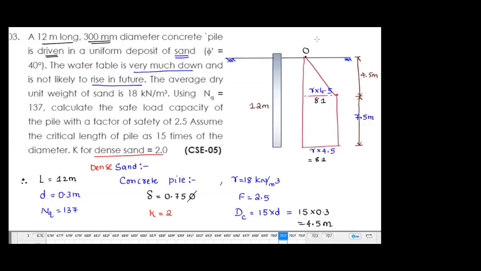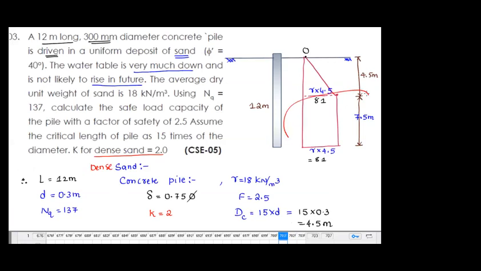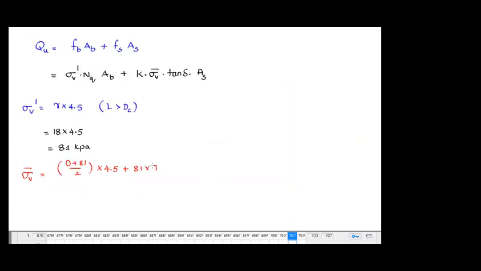As it's linear, I can directly say half: top plus bottom by 2, 81 by 2. So 0 plus 81 by 2 into 4.5, plus in the remaining 7.5 it's uniform, 81 into 7.5, divided by the total length of 12 meters.